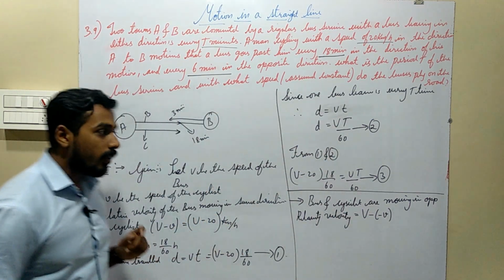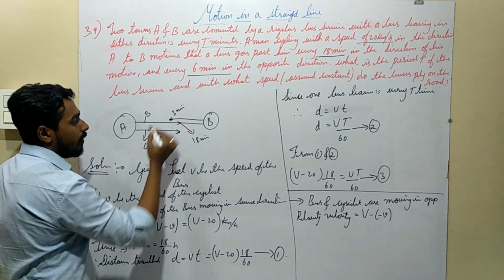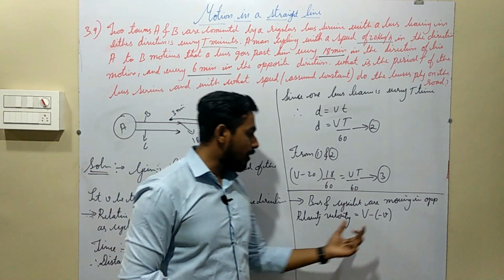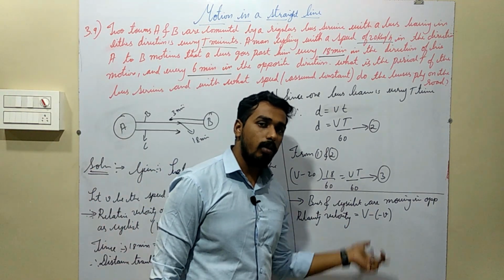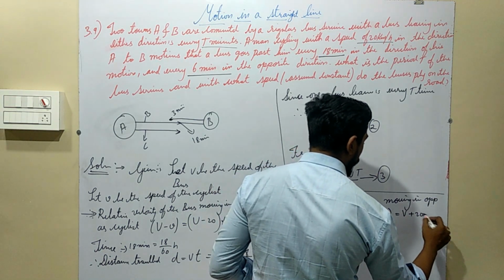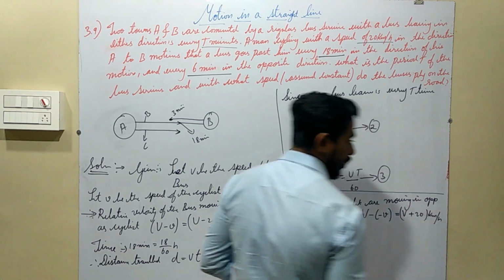Why? Because here directions are opposite. As I told you in the previous problem also, whenever you get directions opposite, you have to add one more minus to that. So this will be V plus 20. This is kilometer per hour.